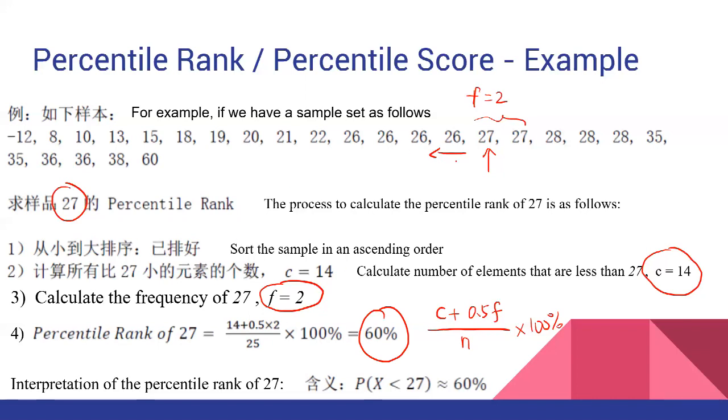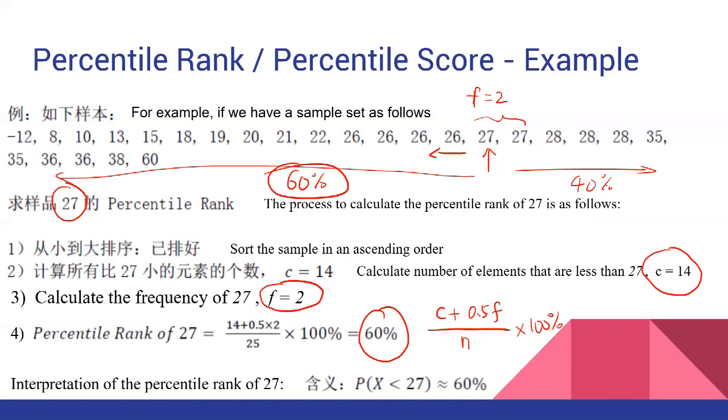So this is the percentile rank of 27, which means that on the left-hand side of 27 there are 60% of all the data, which also means on the right-hand side of 27 the percentage is 40%. Any questions?